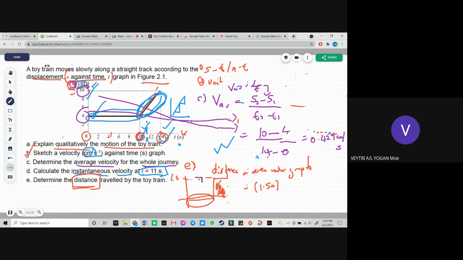Lepas tu darab dengan you punya sini. Sini adalah tadi 14. Sini 10. So 14 tolak 10. Jadi je 4 dia kan. Jadi 4 darab 1.5 akan dapat 6.0 cm. Bukan square tau. Walaupun dia area bukan square. Dia nak distance dia.